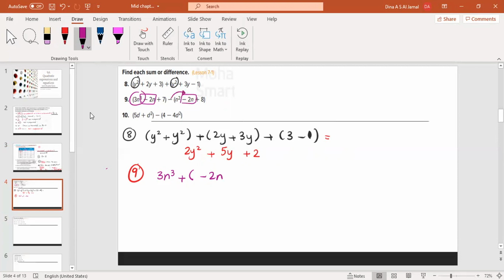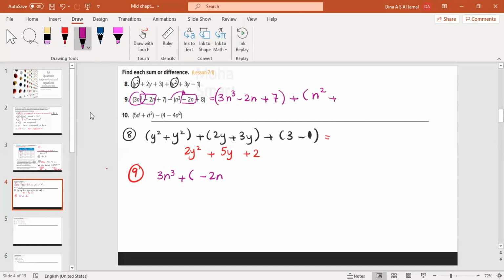So what I advise you to do is distribute the minus from the beginning. So 3n cubed minus 2n plus 7, then distribute the minus n squared plus.